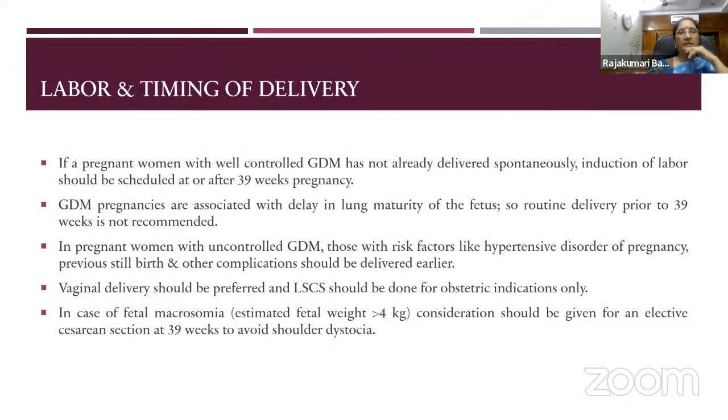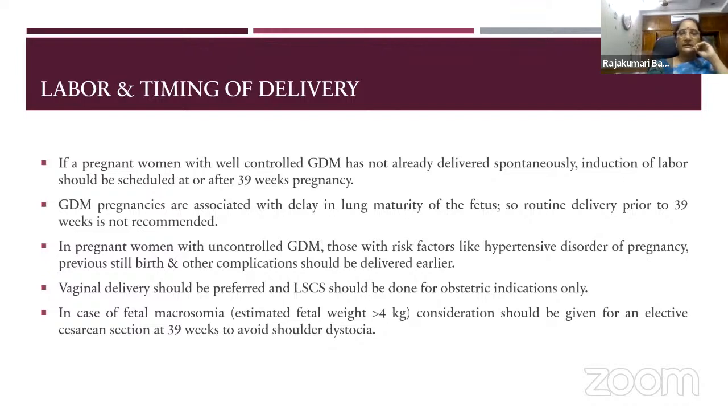During labor and timing of delivery, what precautions should we take? In a pregnant woman with well-controlled GDM who has not already delivered spontaneously, induction of labor can be scheduled at or after 39 weeks of gestation. Because GDM is associated with delay in lung maturity, routine delivery prior to 39 weeks is not recommended in well-controlled GDM.